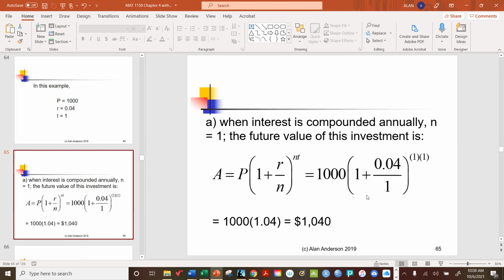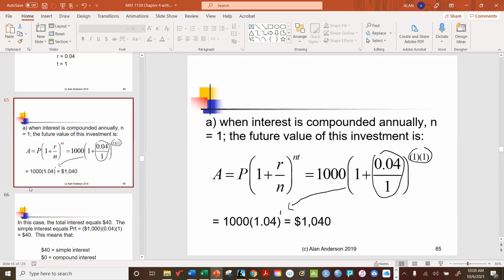In other words, what I would do is reduce this number and then multiply this out before you take any further steps, so that here you can see this very scary looking expression is actually just 1.04 to the first power. And when you multiply that out, you end up with 1040. So in 1 year, we'll have $1,040.